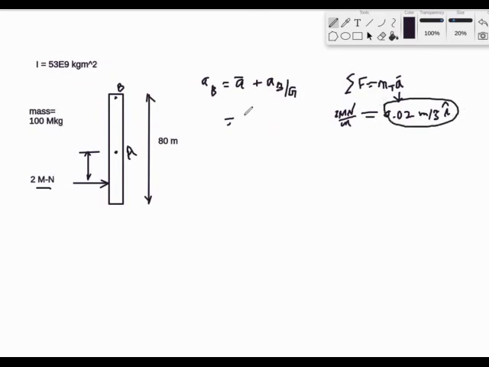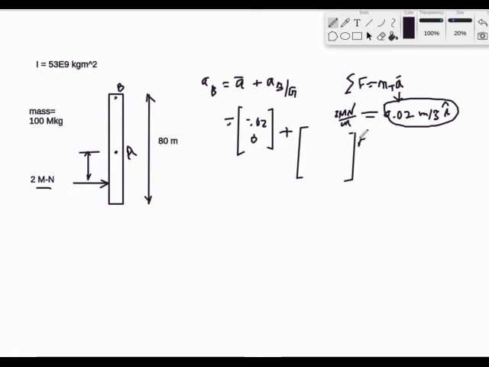And now to get the acceleration of point B, we will put that in here. So that's again negative 0.02 in the i-hat direction, nothing in the j-hat direction, plus now the acceleration of B compared to G, which we'll write in the r-hat and theta-hat directions.